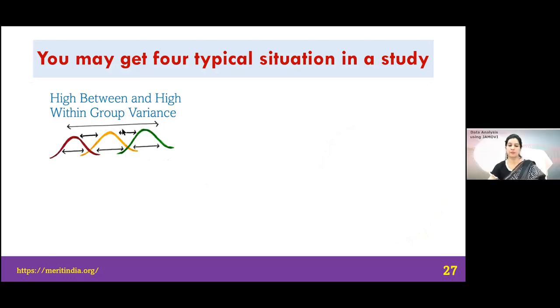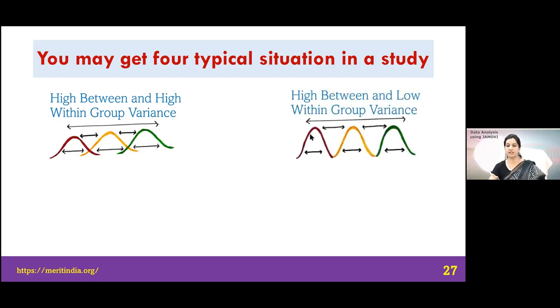So this has been drawn with a sketch pen, so don't think this is anything but a hypothetically drawn curve. Here you can see that both the variances are high because the spread is more, and the distance is also more. Similarly, this is again high between group variance but low within group variance because this is narrow.